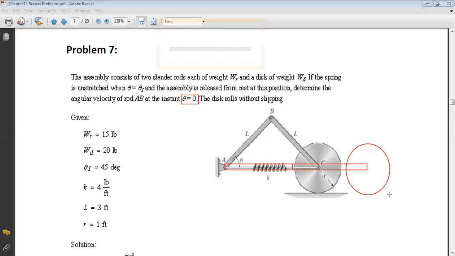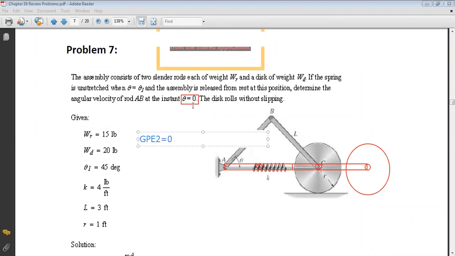Now in this position, all centers, so the center of the disk and the center of each rod, let me take VG1, VG2. This is G1 at the middle of rod 1. This is G2 at the middle of rod 2. And this is the center of the disk. All of them are on the reference line. So I can say that the gravitational potential energy at state 2 is equal to 0.